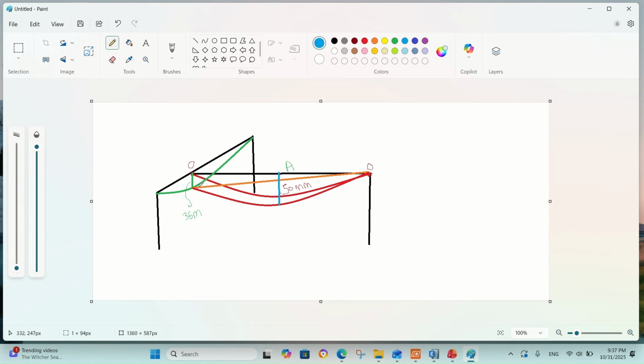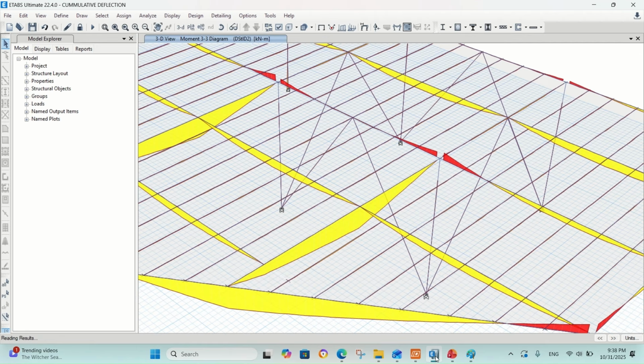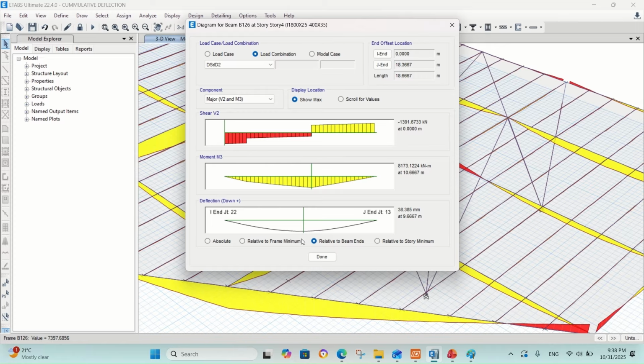Here from the triangle, we can get this value, x, and the deflection relative to the beam minimum will be x plus 50 mm, and this is the value we get here.